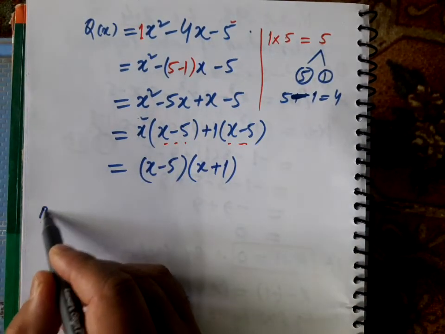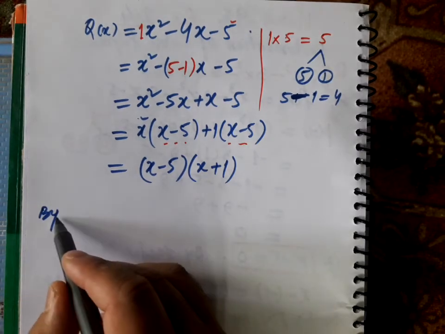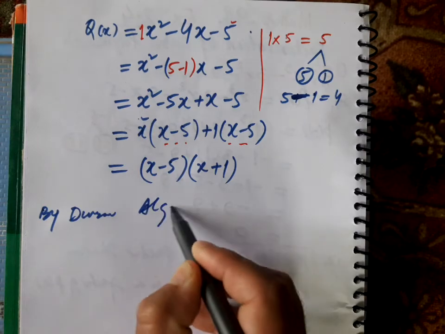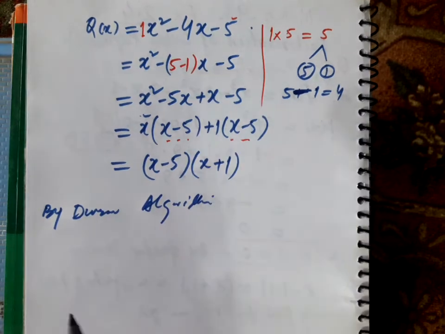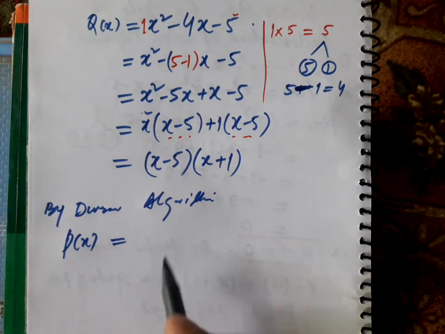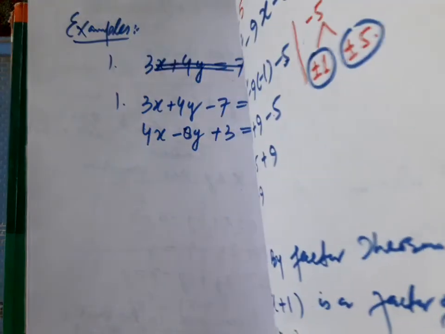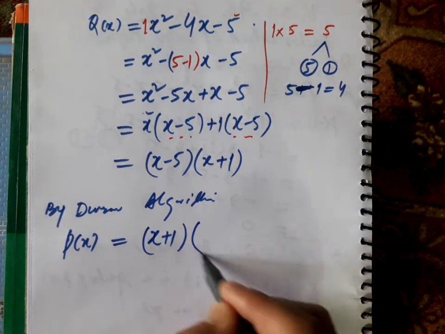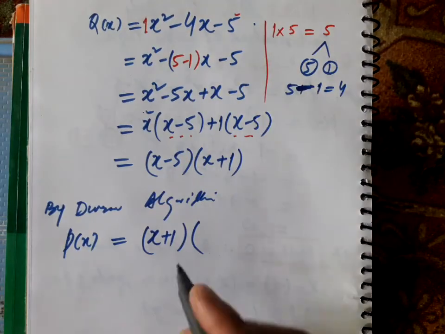Now by division algorithm we know that p of x is equal to g of x, that is x plus 1 was its factor and the other was q of x.